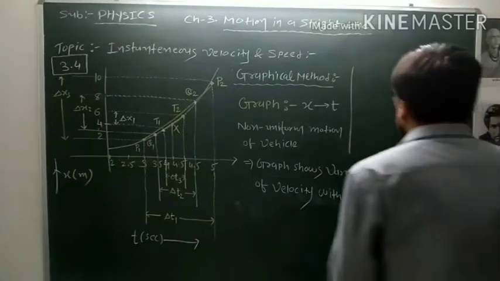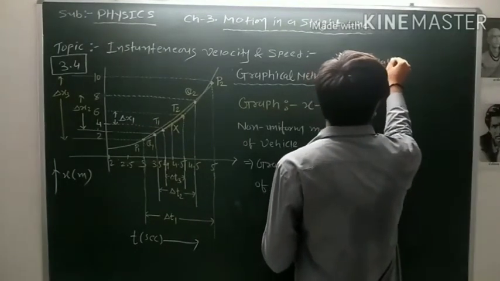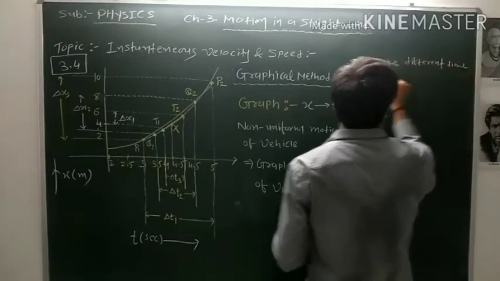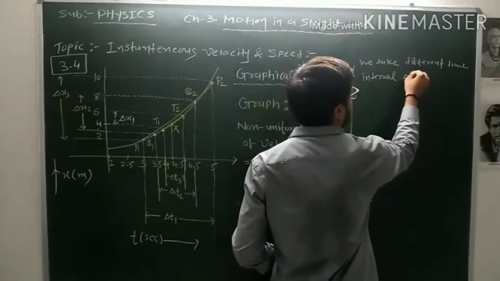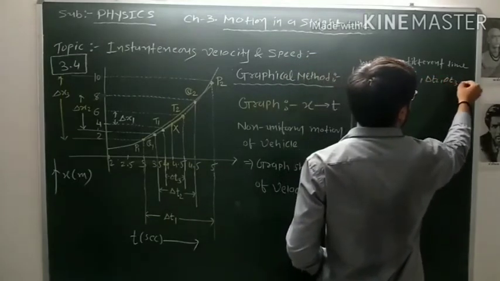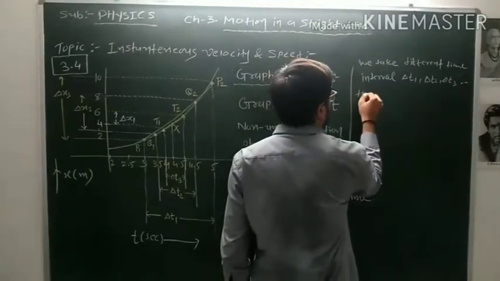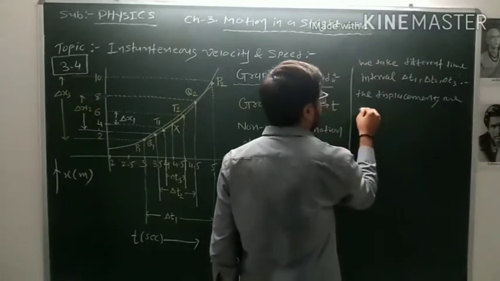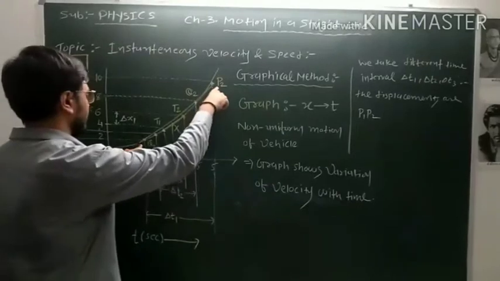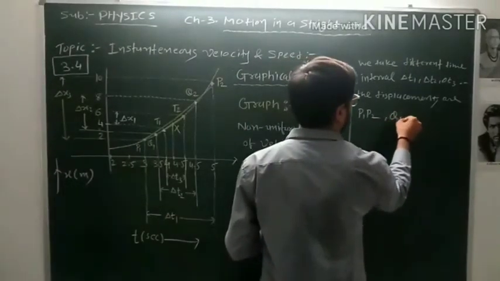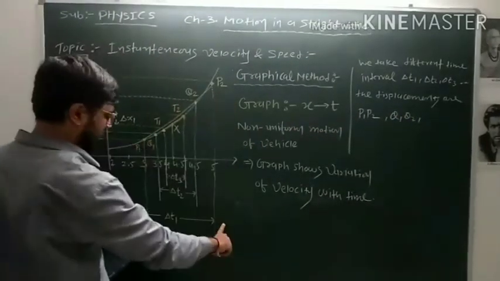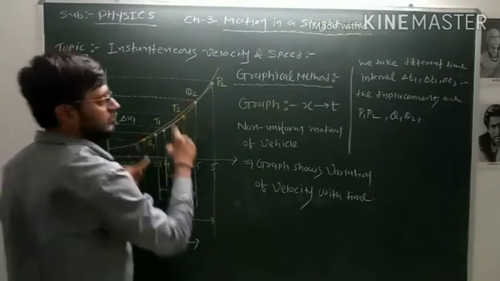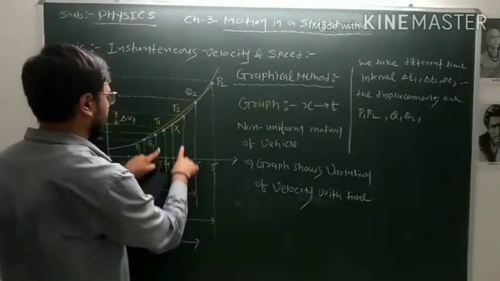Here we take different time intervals, suppose delta t1, delta t2, delta t3, and the displacements are p1, p2, then q1, q2, then t1, t2. At time delta t1 the displacement is p1, p2, at time delta t2 the displacement is q1, q2, and at time delta t3 the displacement is t1, t2.